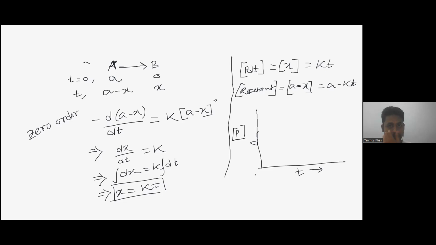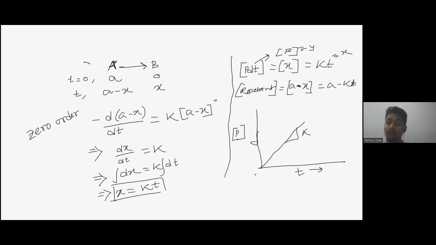If you want to draw product concentration versus t, then the product is your y and this t is your x. So this is y is equals mx, and c is 0 obviously. So this will start from the origin and go like this, right? Now what will be the slope? The slope will be the rate constant.